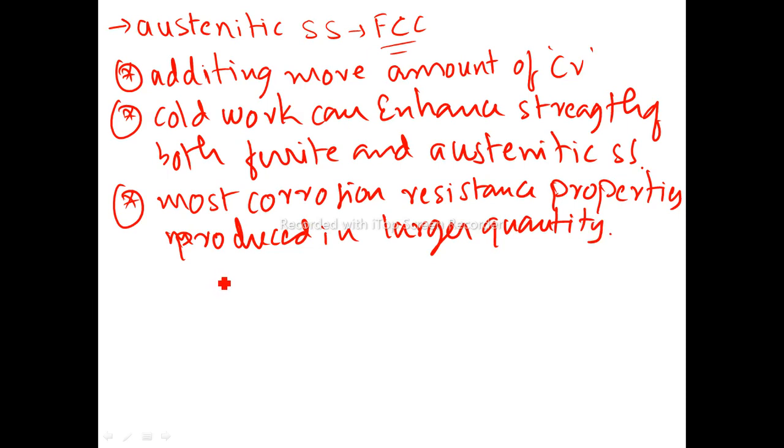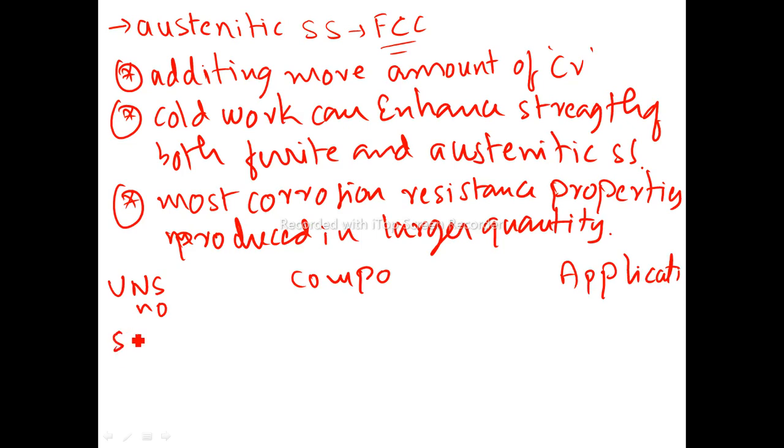Okay, so the most common example of austenitic stainless steel: here is the UNS number, this is the composition, and here is the application. The UNS number is S30400.